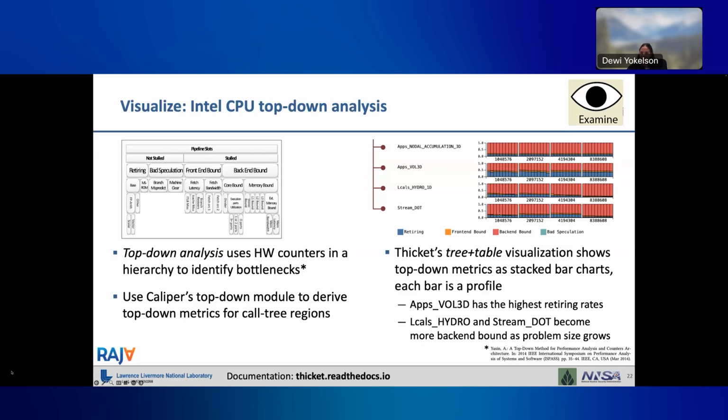We can see as we scale the problem size, they become more back-end bound. So we see more red taking up a higher percentage of the time than the blue, which is indicating the retiring. So as we increase the problem size for these two nodes, we can see that the bottlenecks are shifting slightly. Especially for this Hydro 1D, you can see that pattern pretty clearly.